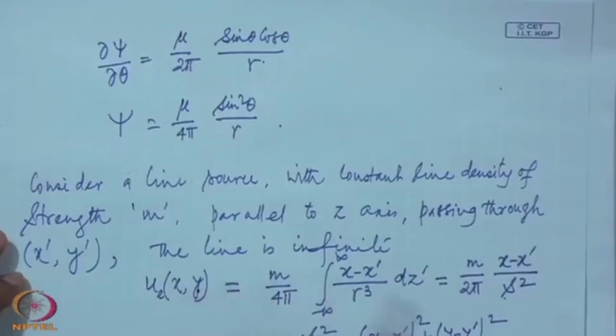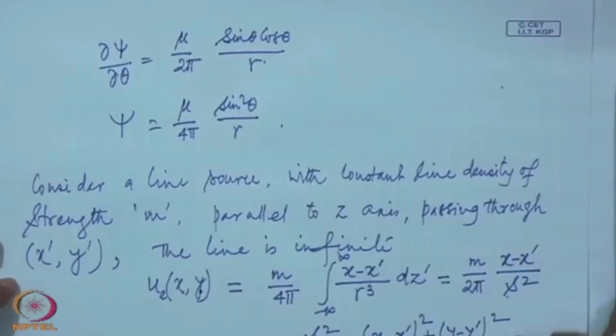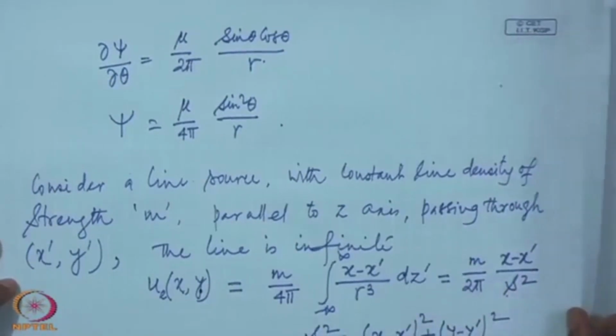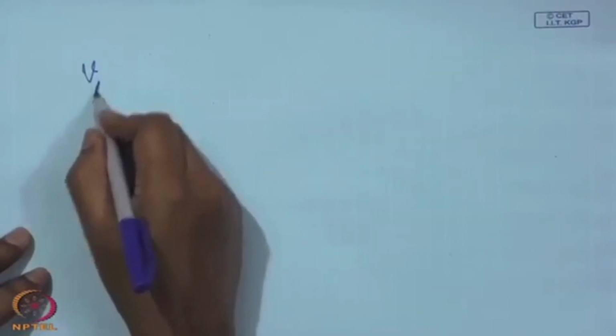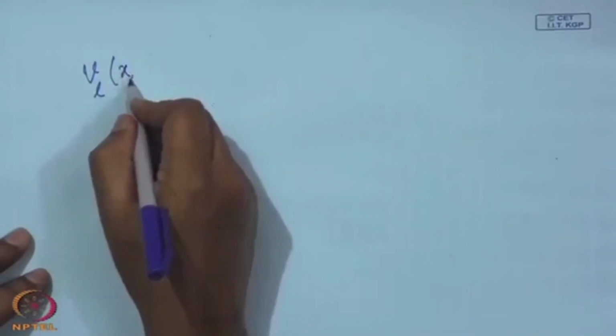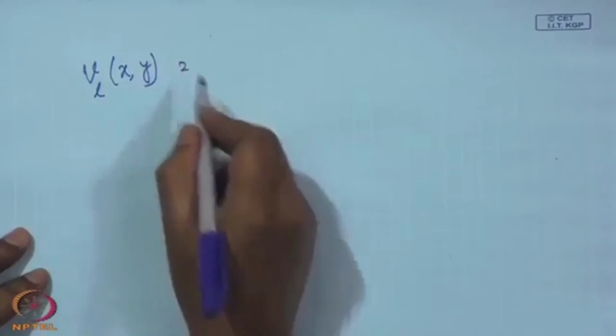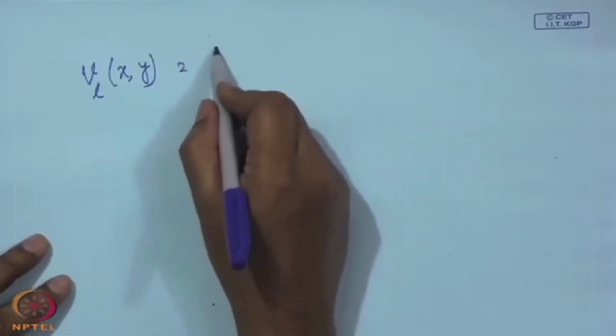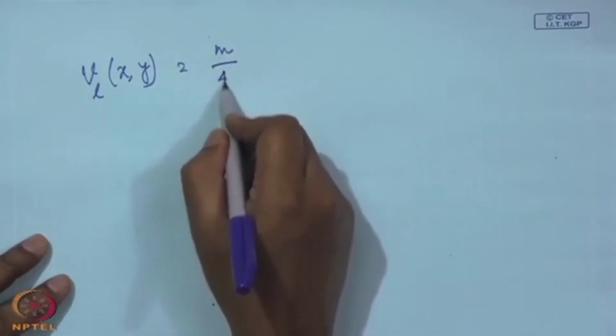The perpendicular distance of the point x y from the line source, that is what this is. The second component of the velocity, again in that same manner.